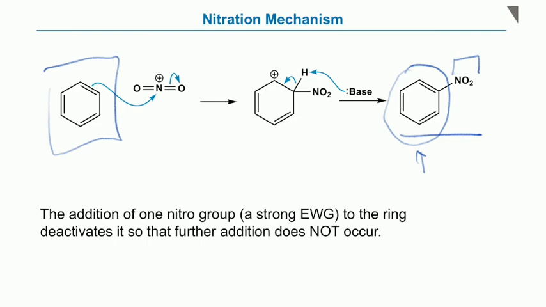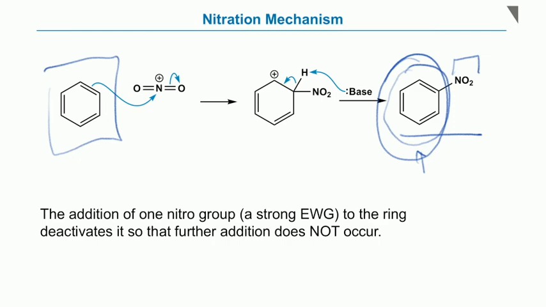So one of the things that actually helps us in terms of control here, we start off with benzene. It's barely a nucleophile unless you've got something as powerful as NO2 as your electrophile. When the reaction runs, you're going to produce a product which is now lower in electron density than we started out. That just means it's not going to go again. We add one nitro, and it's easier to stop at that point.